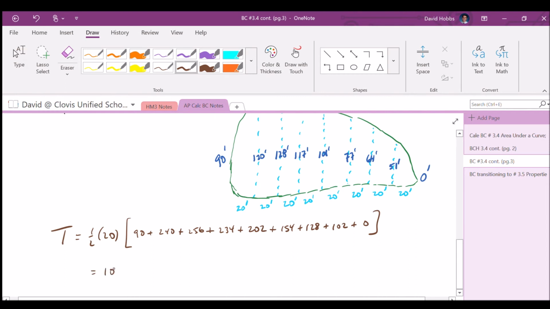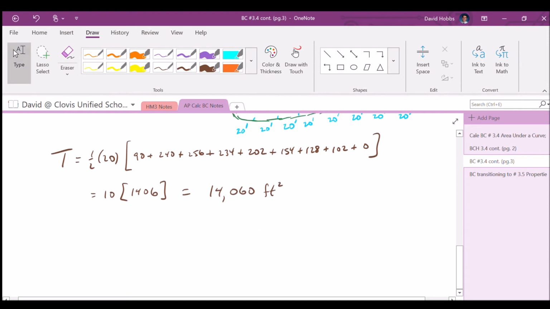So we have 10 times, and we've got 90 plus 240 plus 256 plus 234 plus 202 plus 154 plus 128 plus 102, and so that's 1406, which is 14,060 square feet.